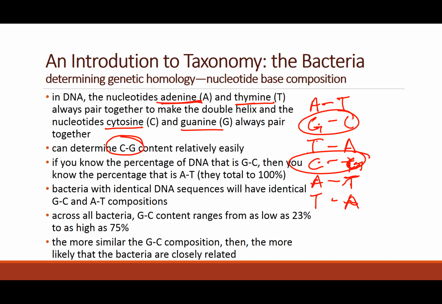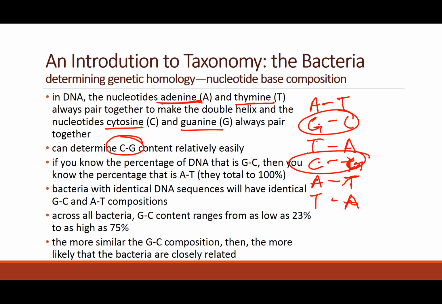So this percentage of CG that we find, or think of it as the CG ratio or percentage, is going to be a test that you can use to discriminate between closely related bacteria, or at least to say that the bacteria are not very closely related. Across bacteria, we see CG content rates from as low as 23% of the DNA to as high as 75%.